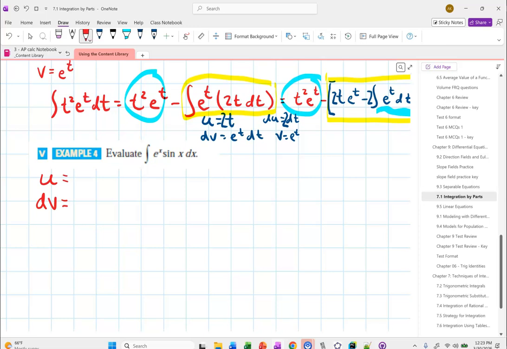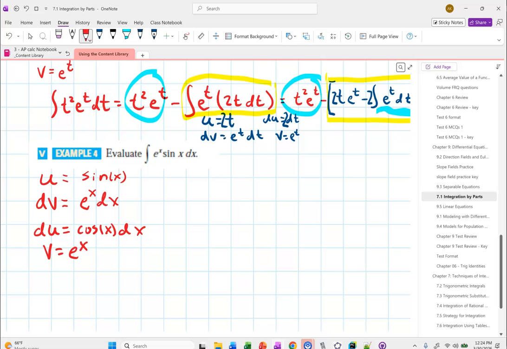Yeah. Which one is probably easier to integrate? E to the x. So let's choose that as dv. And we'll choose sine x as u, since, again, easy to differentiate. So du is going to be cosine x dx, and v is going to be e to the x.